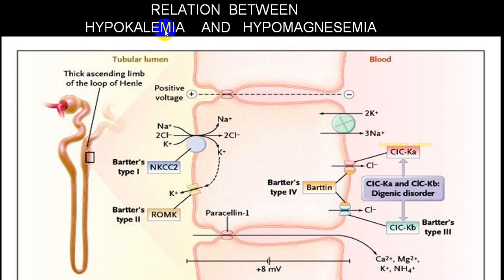So there is also a nice relation between hypokalemia and hypomagnesemia. This will be seen very nicely in Bartter types 1 and 2, where you have a shift of magnesium and potassium.